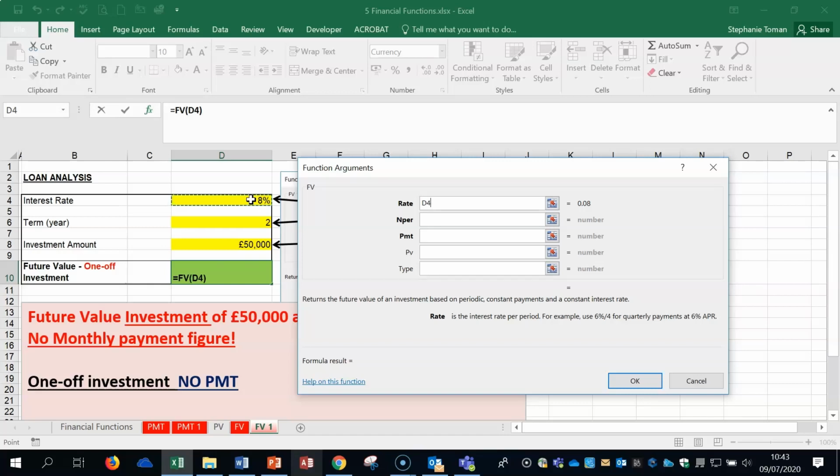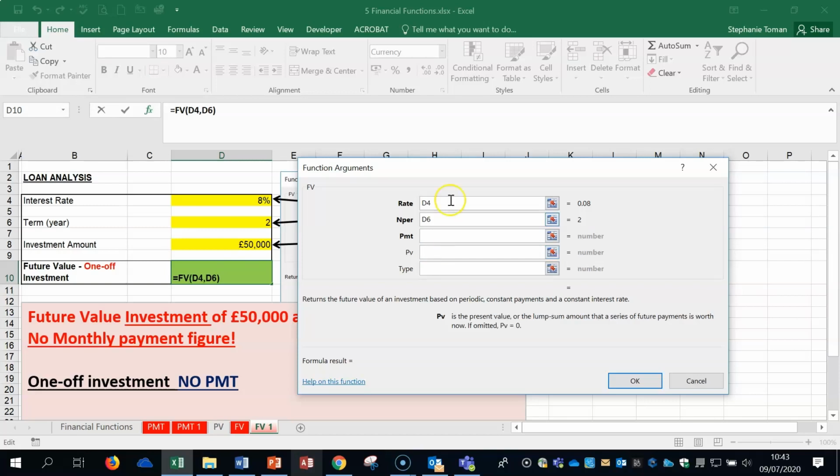We don't have to think about it as a monthly thing. We've got 2-year investment. Would we have to times that by 12 or do anything to it? No, it's a one-off investment. Monthly payments, there aren't any. So we could just leave it blank or we could put in a 0. It's entirely up to you. Both work.